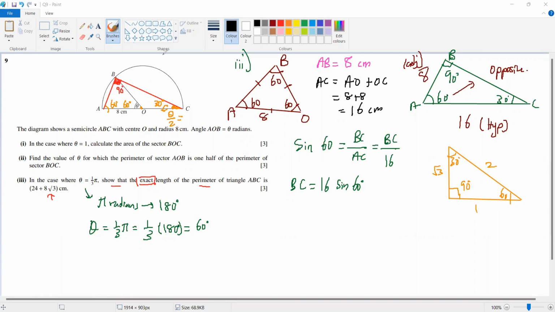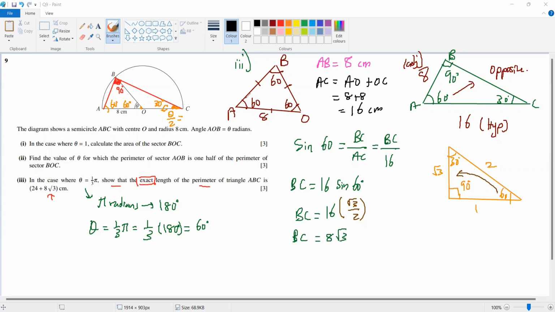Sine 60, as you can see in this triangle, is opposite over hypotenuse, so root 3 over 2. The rest of it is from the question, a factor, similar triangles. When you multiply this, it becomes 8 root 3.